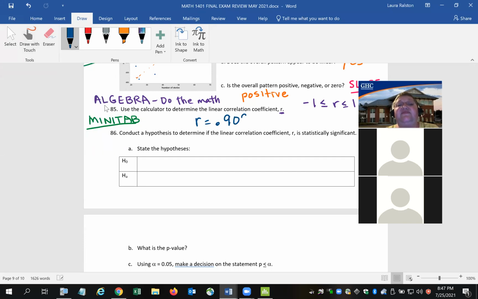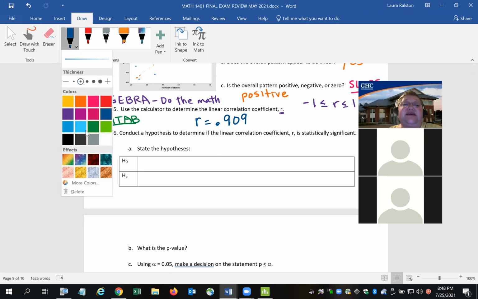But then we have to decide, is R statistically significant? Is it, in a sense, close enough to 1, or far enough away from 0, that we can say without a doubt, yes, there is a relationship? So we have to conduct a hypothesis test on the R value. And that's what I'm going to be doing in question 86.